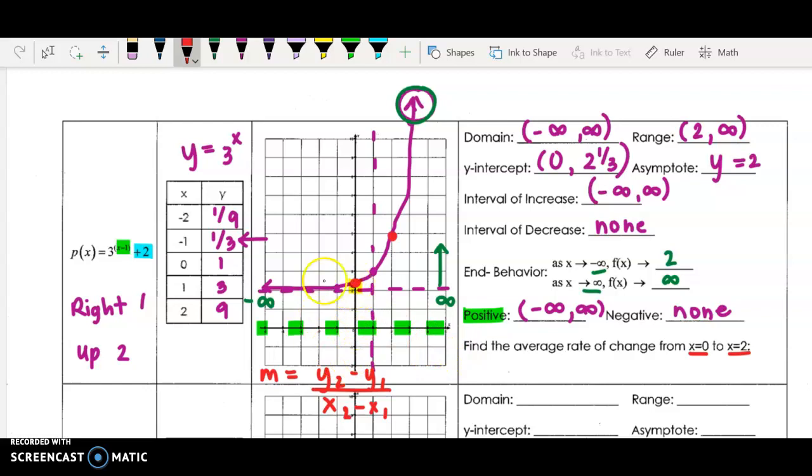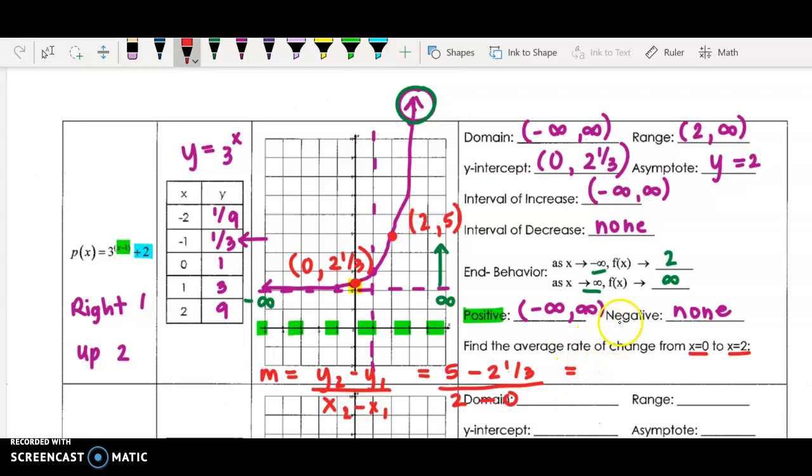And we said the coordinates of our points here were 0, 2 and 1/3, and 2, 5. So I'm going to subtract those. So y2, 5, y1, 2 and 1/3, x2, 2, x1, 0.